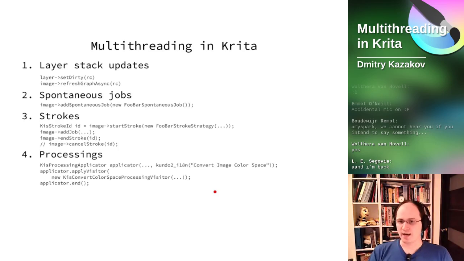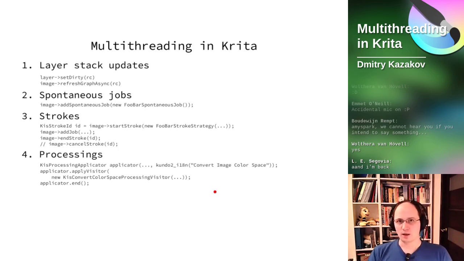That is, if you have, for example, 8 cores in your CPU, the color space of the image will be converted in 8 parallel threads. What's more, a processing applicator allows you to run the visitor on every single frame of every layer. And this is also useful in some cases.